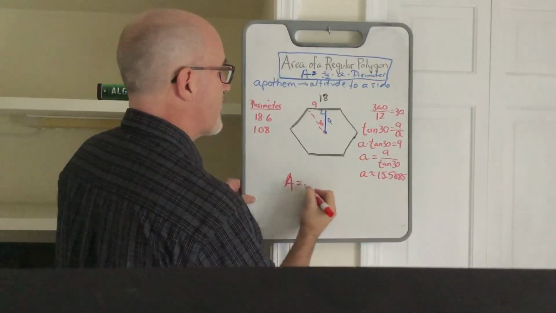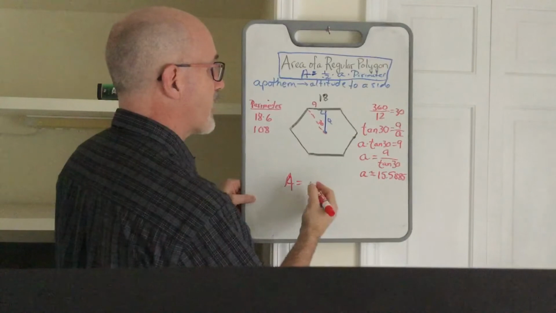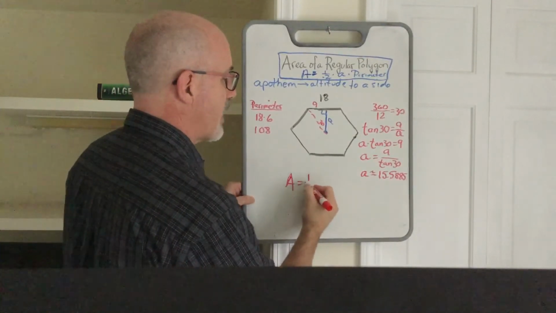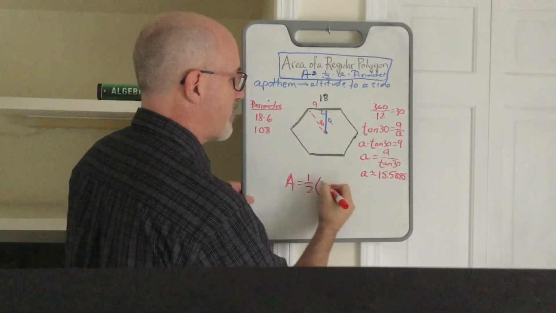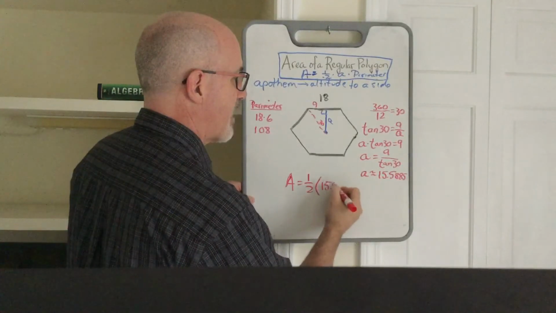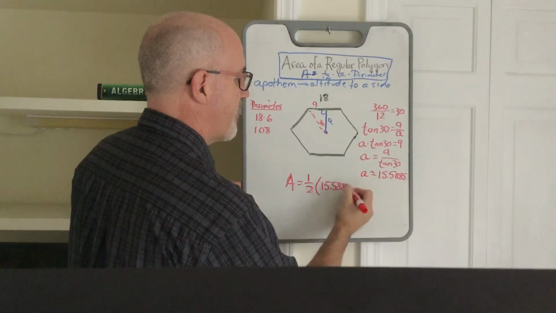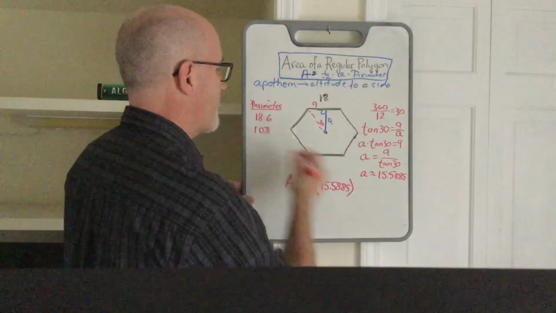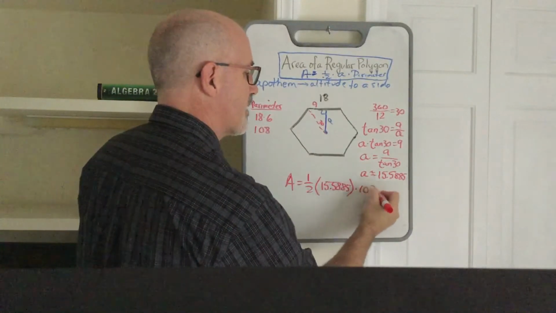The area of this regular polygon, this hexagon, is going to be 1/2 times the apothem, 15.5885, times the perimeter, which is 108.